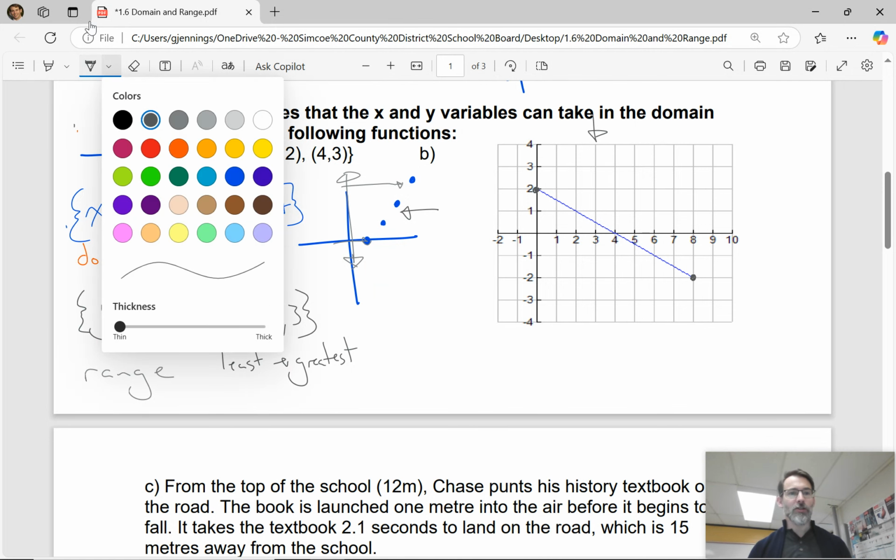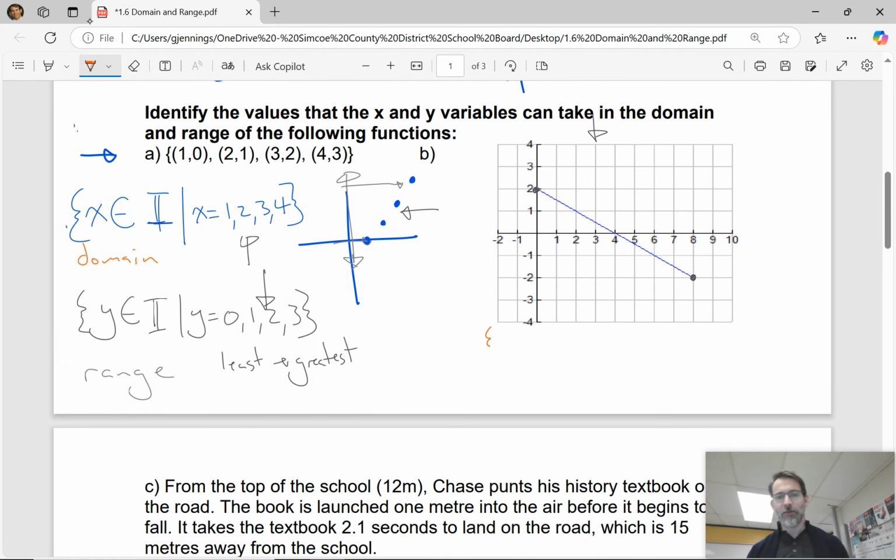So in this case, we would say for the domain, x is of the real numbers, and we can use like a bold R there. This notation here, this E, is read as "is of the." Okay, so x is of the reals, and then we list all the values that x can be.